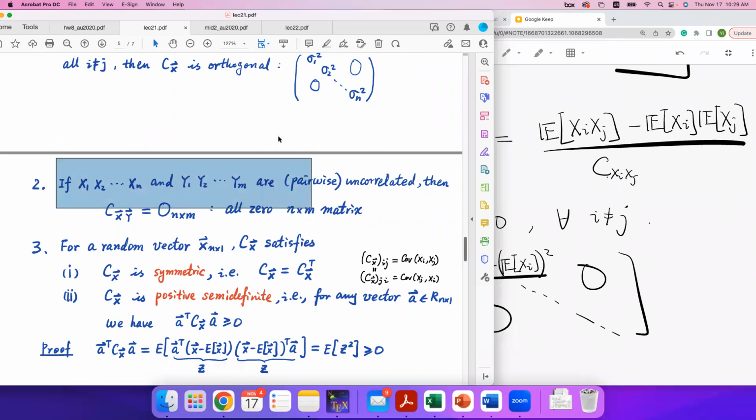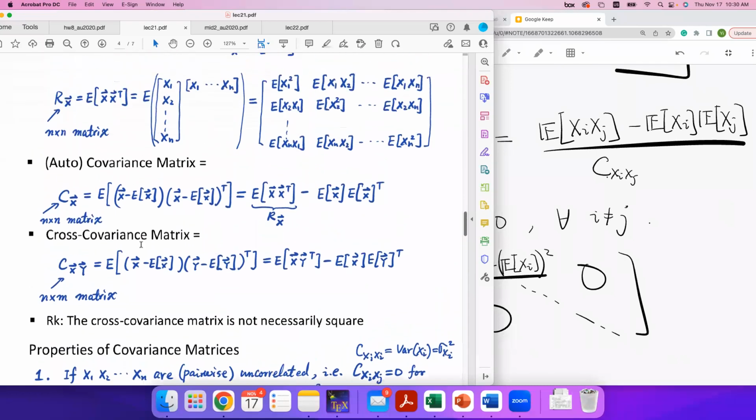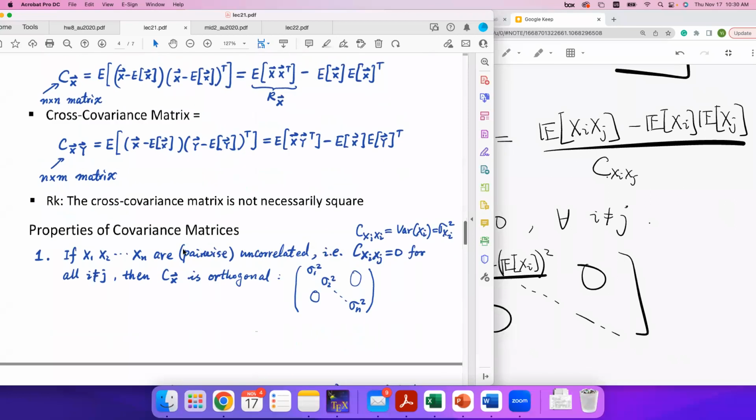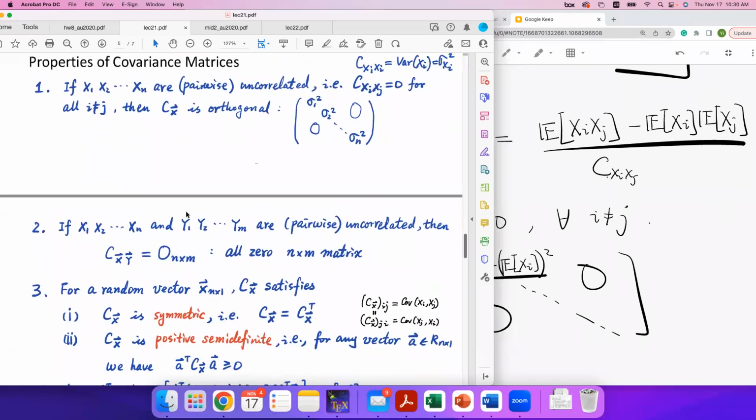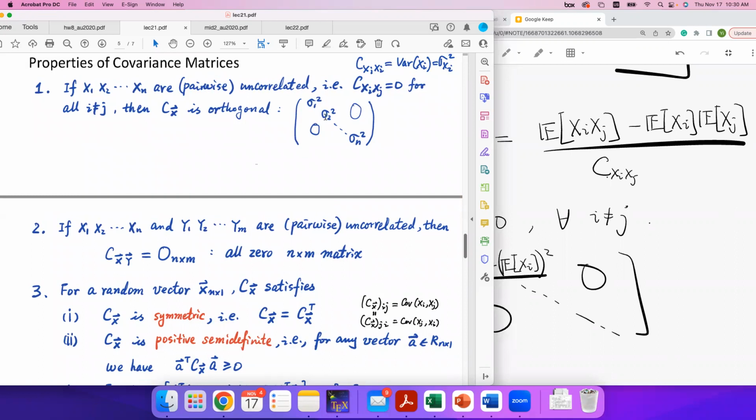This one is to say that if we are talking about the more general cross covariance, I think the idea is the same. Right? Everything is 0. If x and y are pairwise uncorrelated, these off-diagonal entries will be 0, and the diagonal ones will become the covariance between the pairwise x1 and y1, x2 and y2.